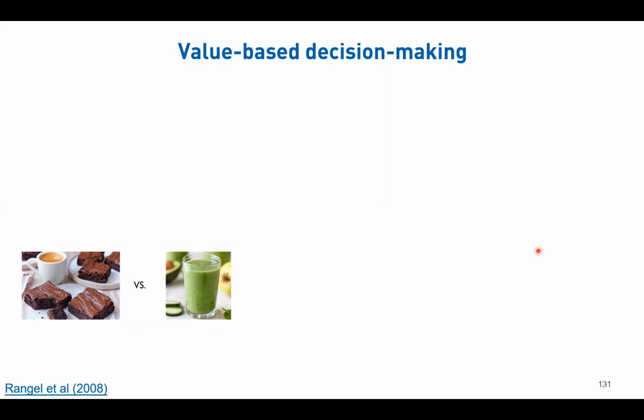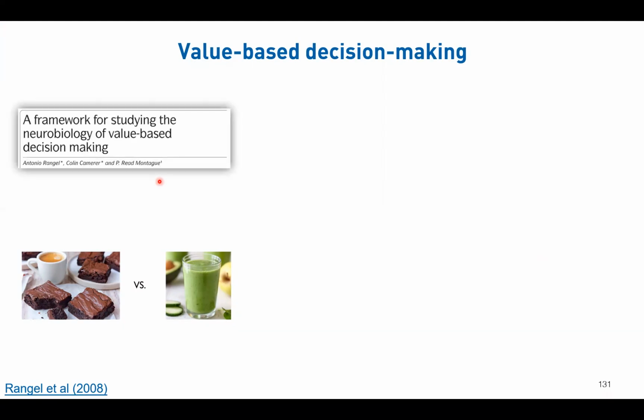Good. Okay, so value-based decision making. I will go back again to this example because it is quite a nice illustration of value-based decision making. Before I talk to you in a little more detail, I will give you a little more theoretical background.